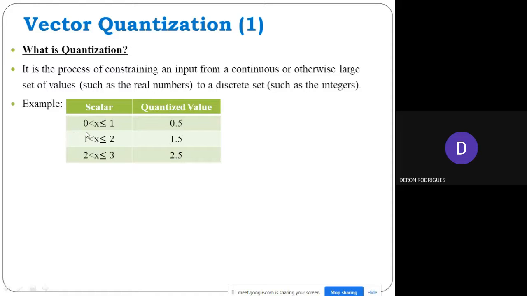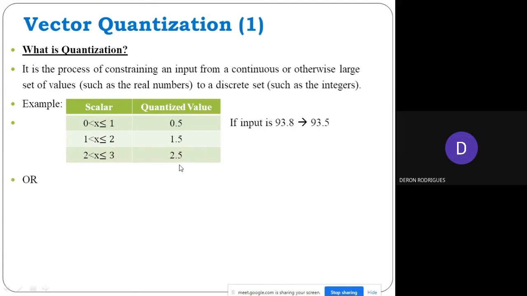So between 0 and 1, I have an infinite set of values, and I am assigning them to a fixed value, that is 0.5. Similarly, from 1 to 2, any number will be assigned 1.5. Then from 2 to 3 and so on.